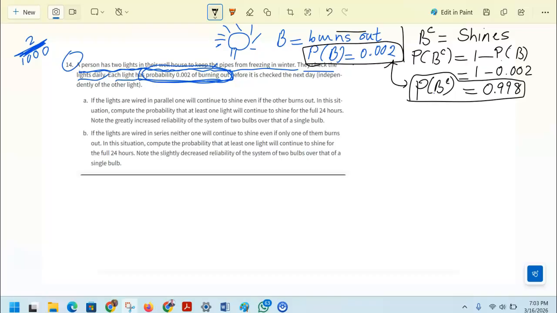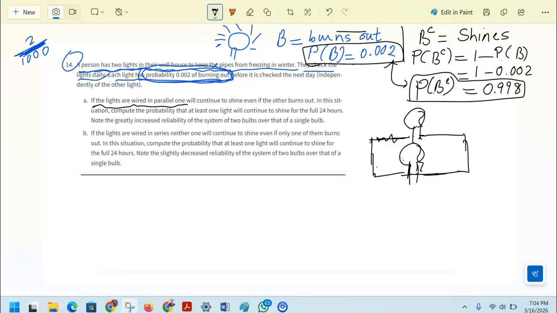Next is if the bulbs are wired in parallel. In electrical terms, if this is a circuit, this is the bulb, and there's another bulb right here, and they are wired this way.